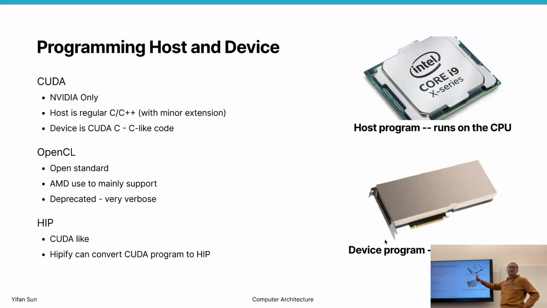Then AMD deprecated OpenCL and started to write something called HIP. I guess they really wanted to use CUDA directly, but because the intellectual property is owned by another company, they just cannot use CUDA. So they started something called HIP. HIP is very, very similar to CUDA.